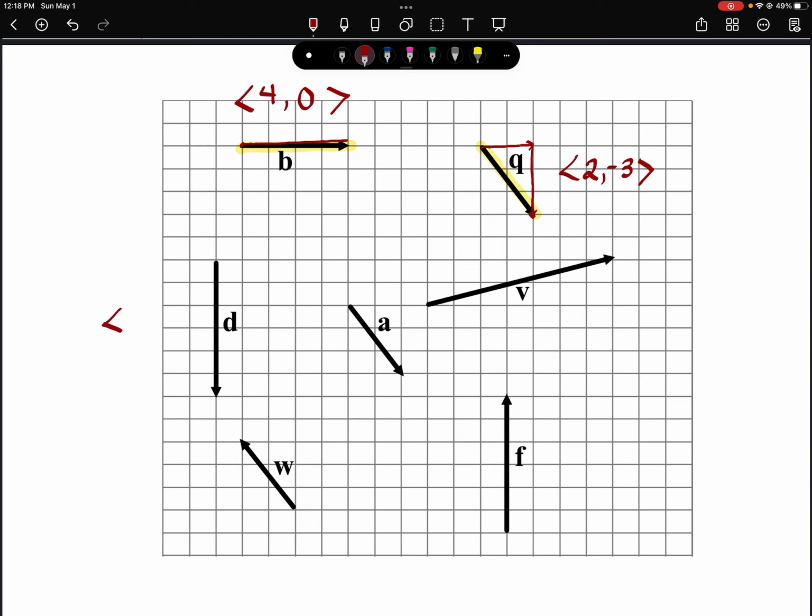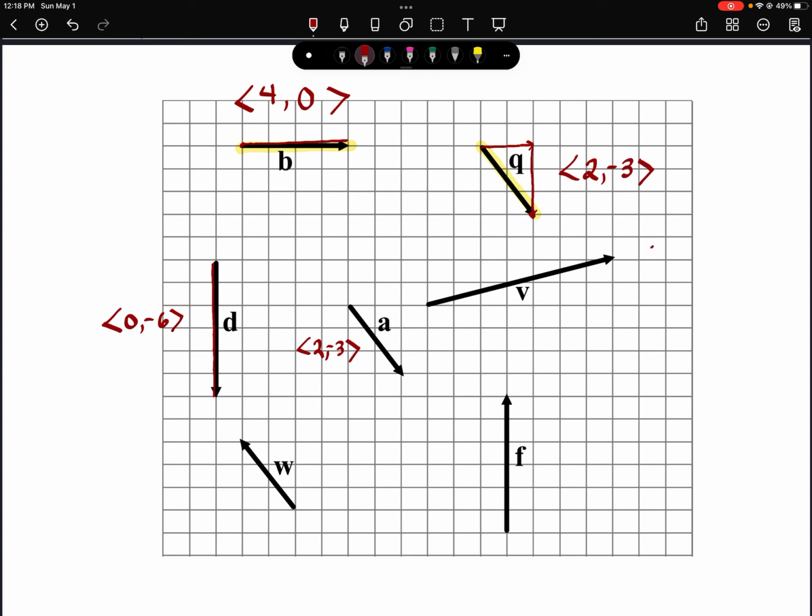So for D, we've got a horizontal component of 0, and then it goes down 1, 2, 3, 4, 5, 6, so 0, negative 6. For A, it went to the right 2, and then it went down 3.